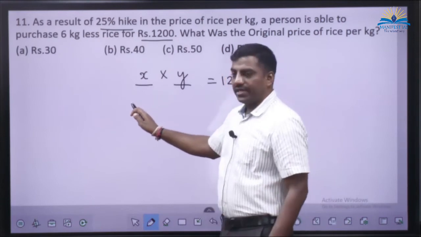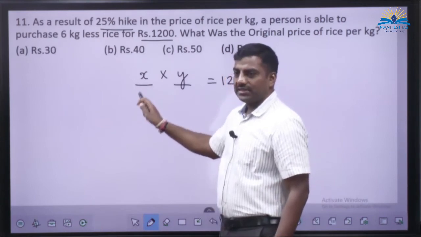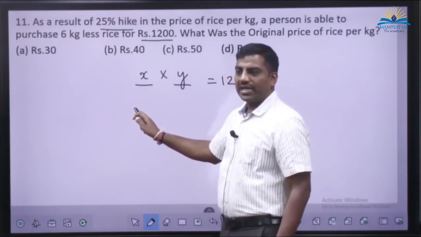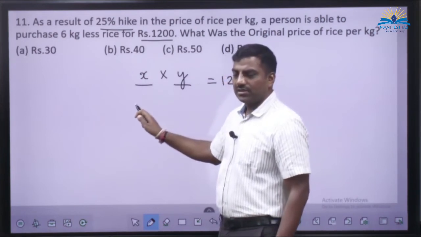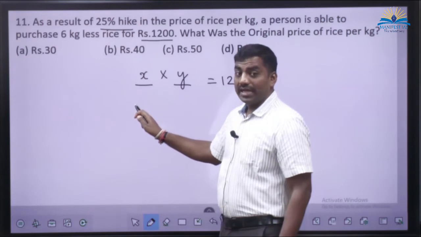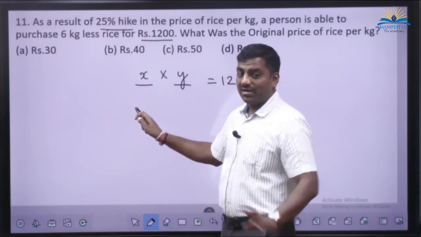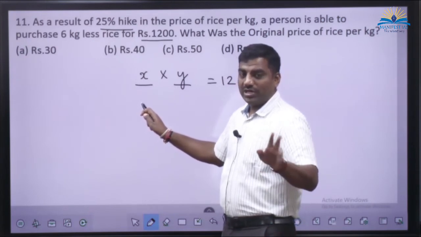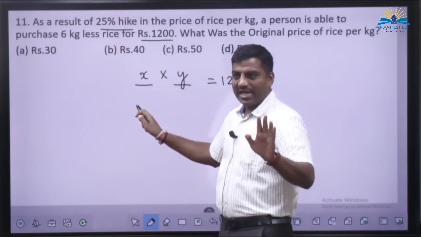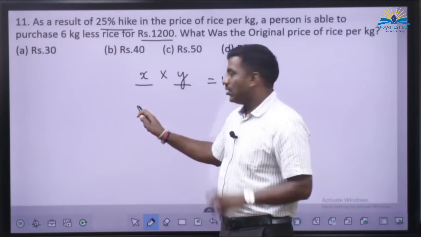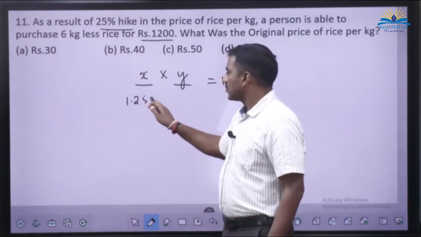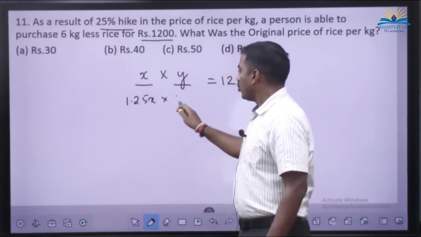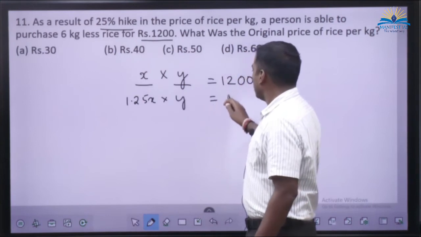Instead of X, what should I write? This is the older calculation; for the newer calculation, 125 by 100 X, into Y is equal to 1,200.